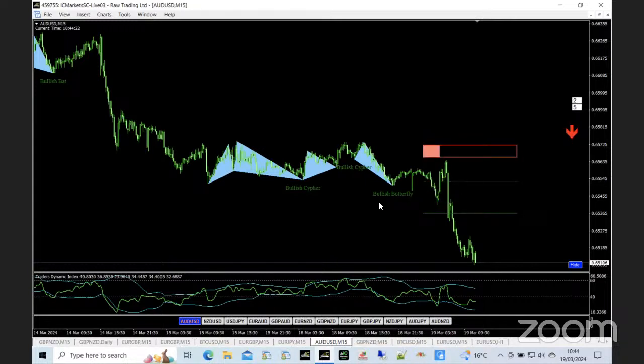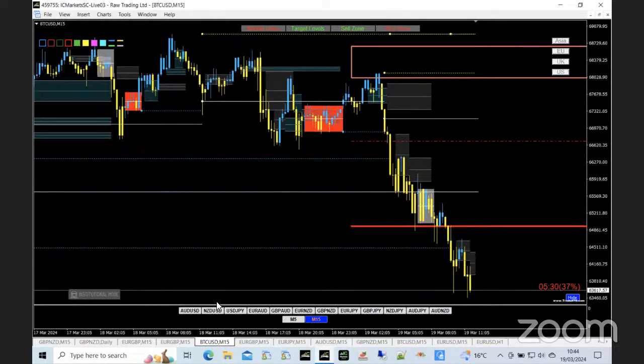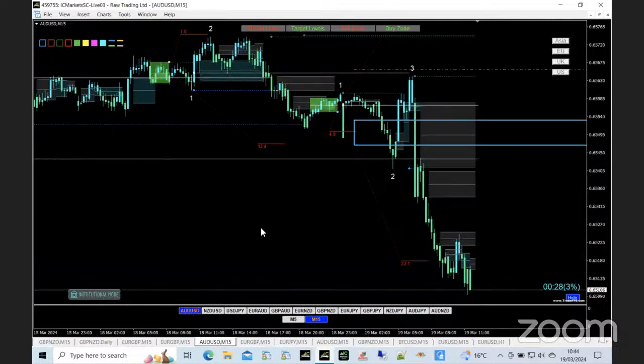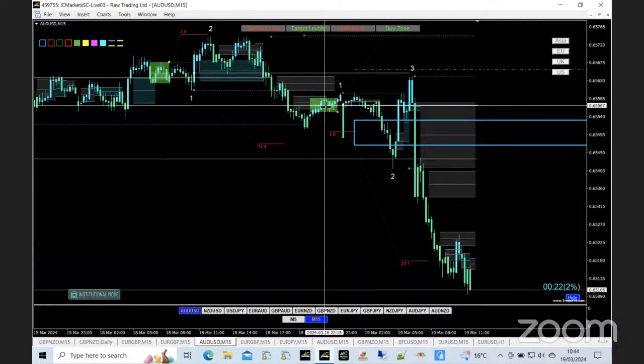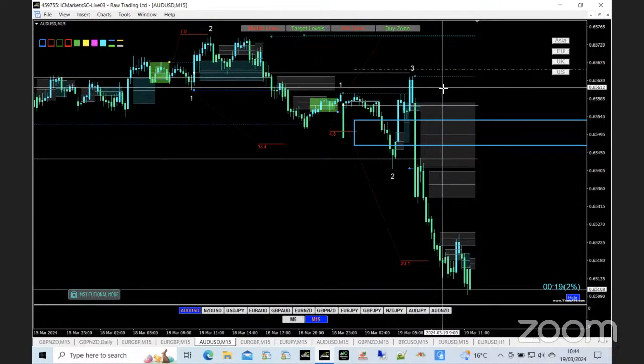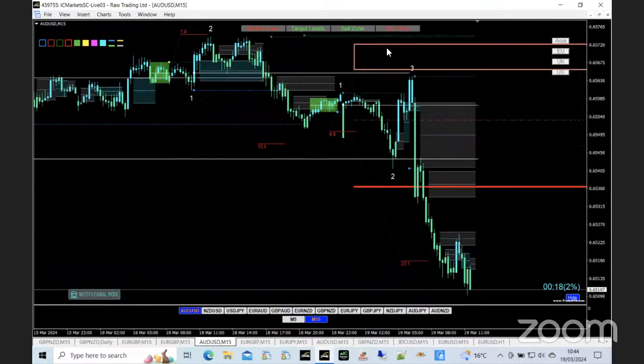Like AUD USD, if somebody was trading it with this system, let's check this system, which is a system I also like. Here, as you can see, it went up. We know after this box that we will have a reason to trade some kind of a position. What it did, it just went up, took the liquidity which was here, and went down again. So it closed like this.